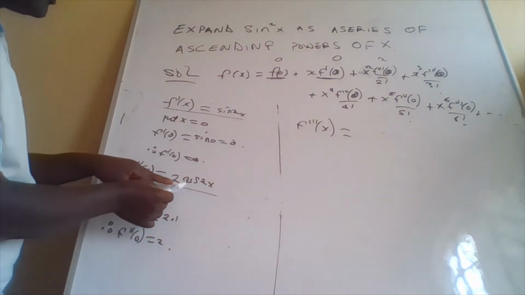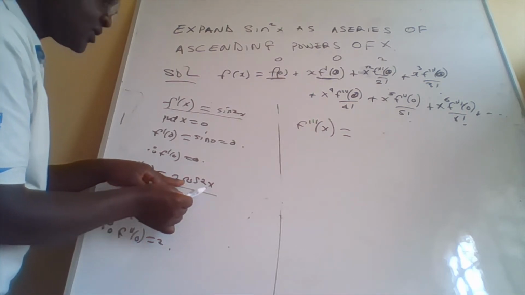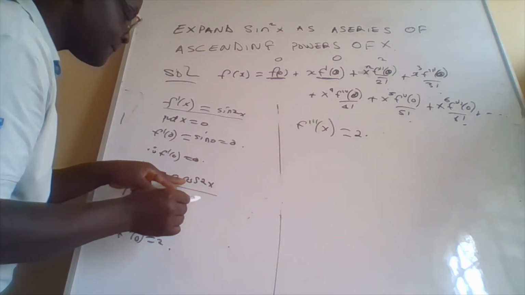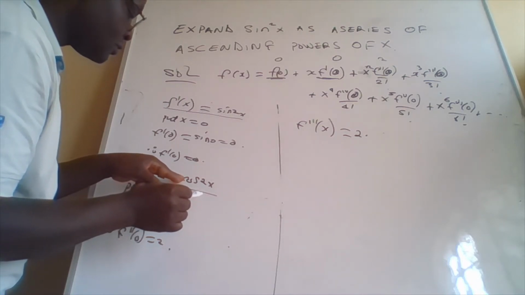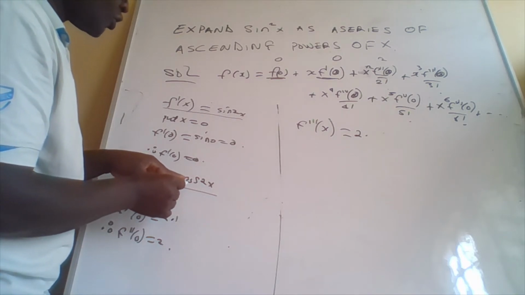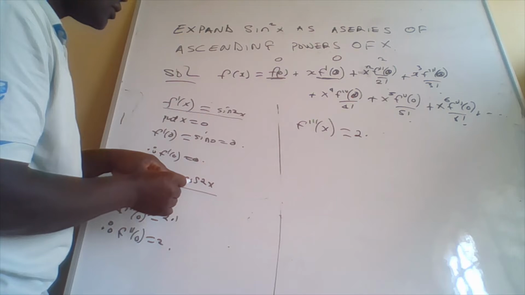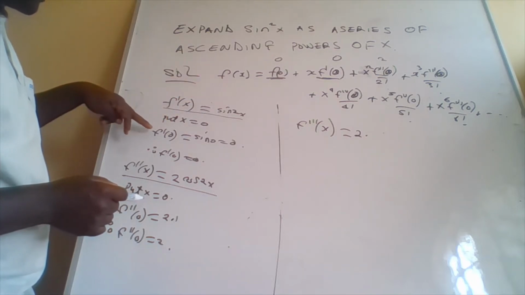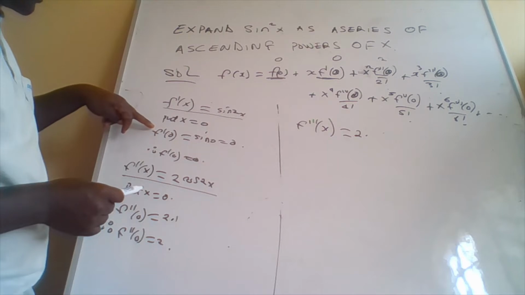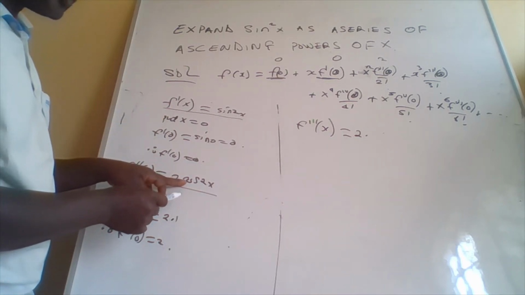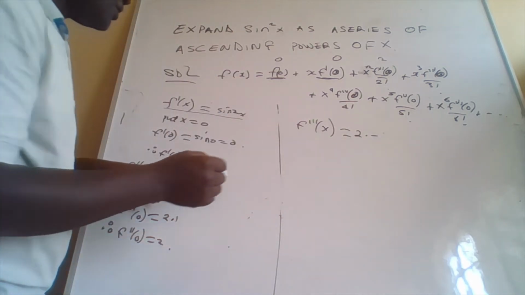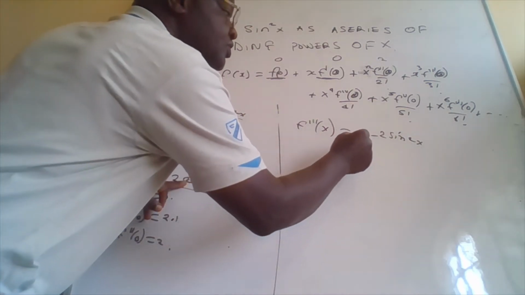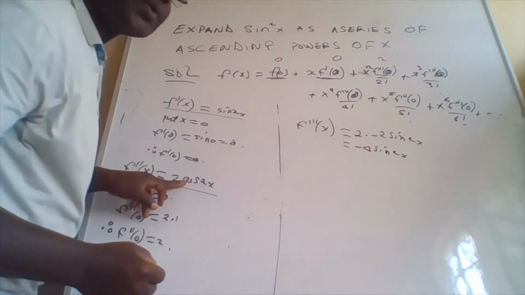When you differentiate 2 cos 2x, we get minus 2 sine 2x times 2, which equals minus 4 sine 2x.